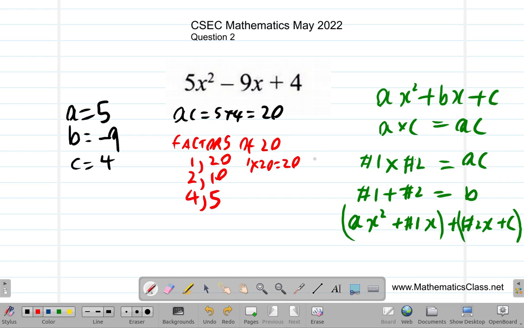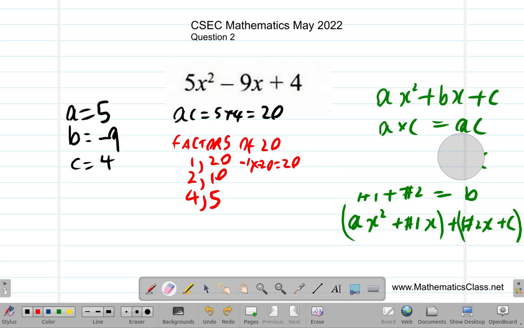Well, if you make 1 negative, negative 1 times positive 20 gives you negative 20, not 20. If you make the 20 negative, you get a negative 20, not a positive 20. But if you make both of them negative, negative 1 times negative 20 gives you a positive 20. Good. Now you're going to add them.